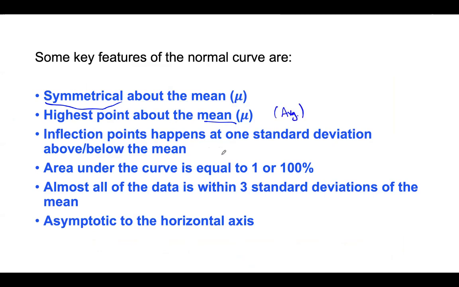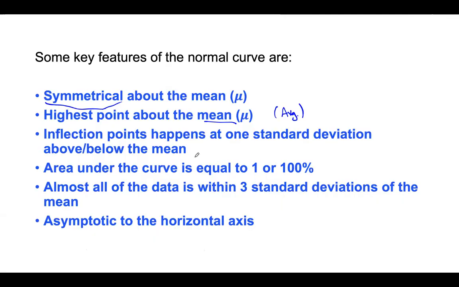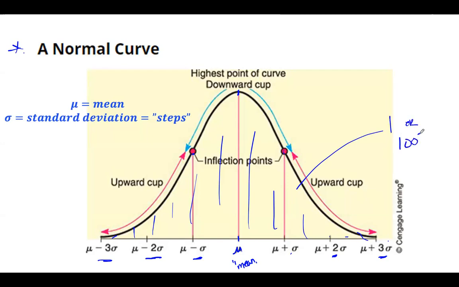Inflection points happen at one standard deviation above or below the mean, so right here and here. The area under the curve is equal to 1 or 100%. So all this area under the whole curve is equal to either 1 or, in a percentage, 100%.